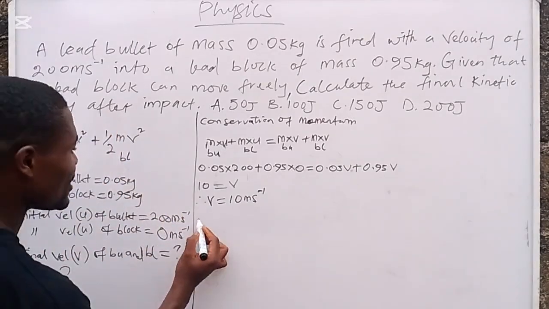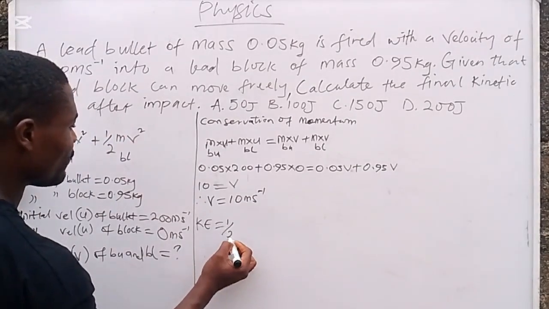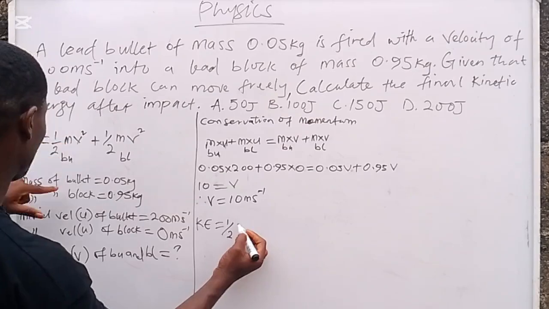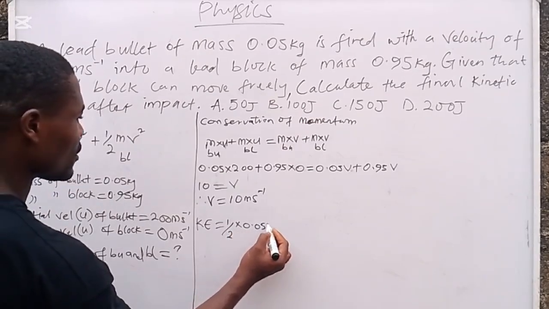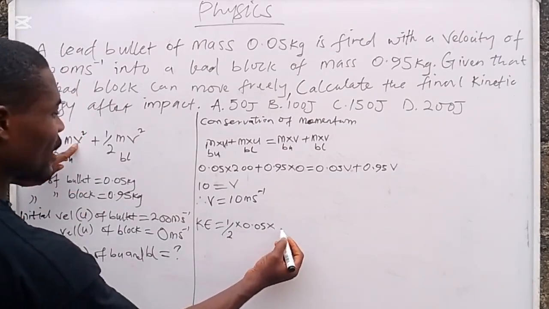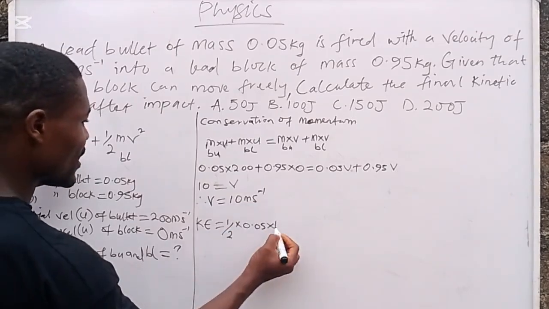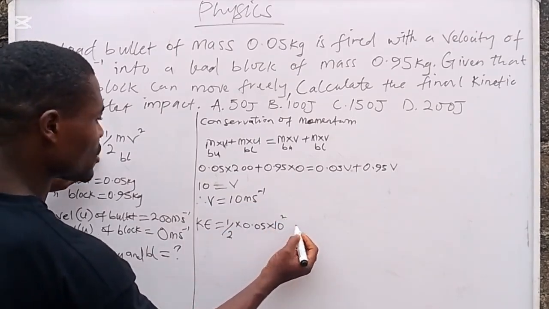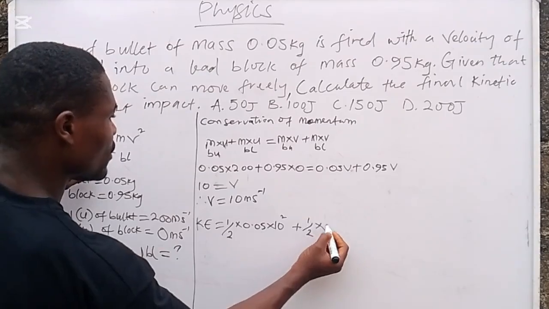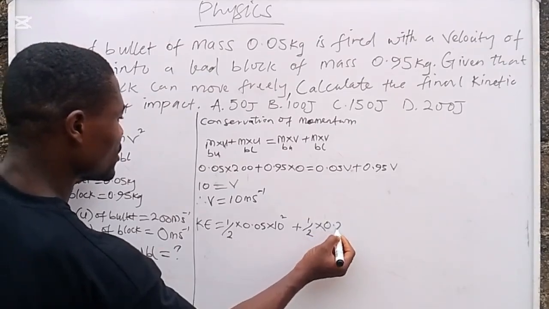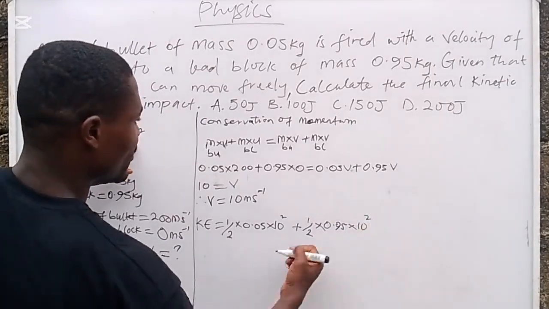So here we have that KE would be equal to half times the mass of the bullet, 0.05, times the final velocity of the bullet, which is 10 squared, plus half times the mass of the block, 0.95, times 10 squared, right?